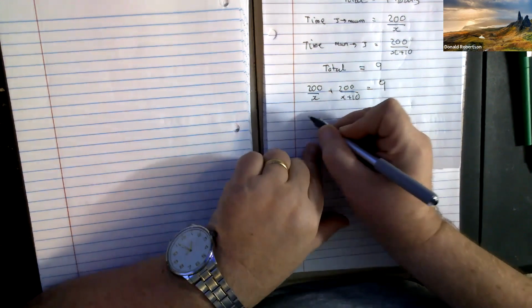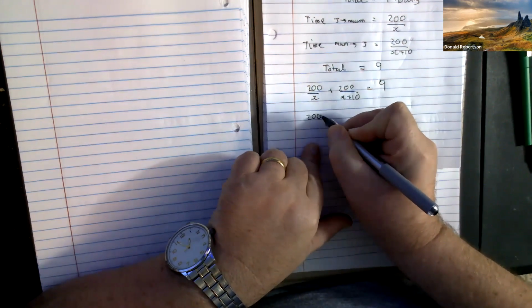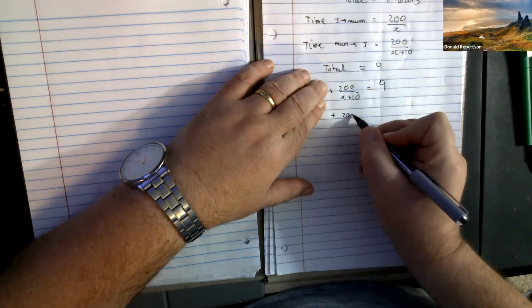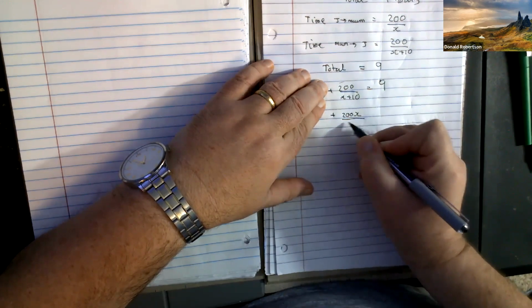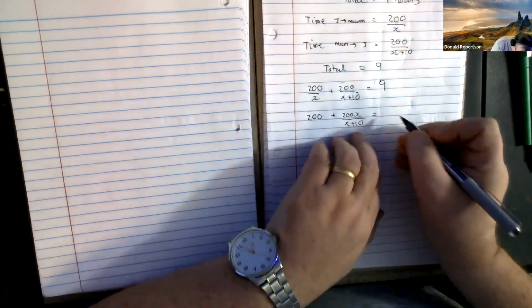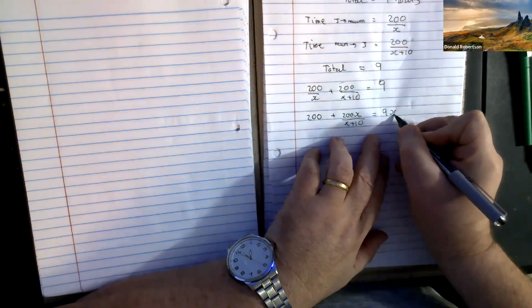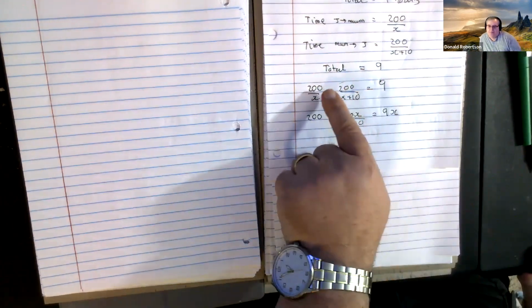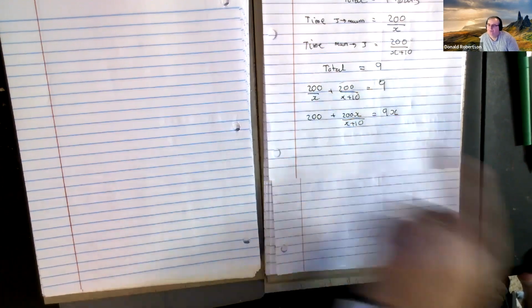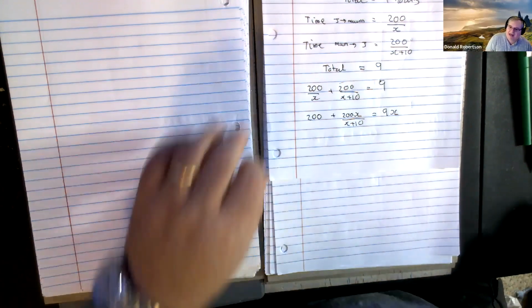If you multiply this guy by x, you get 200. If you multiply this by x, you get 200x over x add 10. And if you multiply this guy by x, you get 9x. Are you comfortable about times x times x times x? This is what you've got. Yes. Now I'm going to multiply both sides again, but with x add 10.